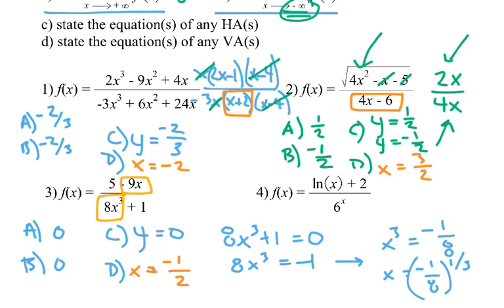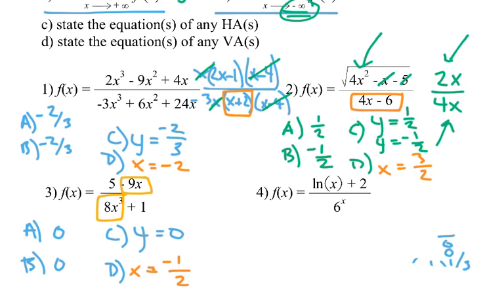Alright, and then last, number 4. We've got f of x equals ln of x plus 2 over 6 to the power of x. And this is where we need to think about which function is bigger. Which function is going to dominate as x goes to infinity. And 6 to the power of x is going to dominate.